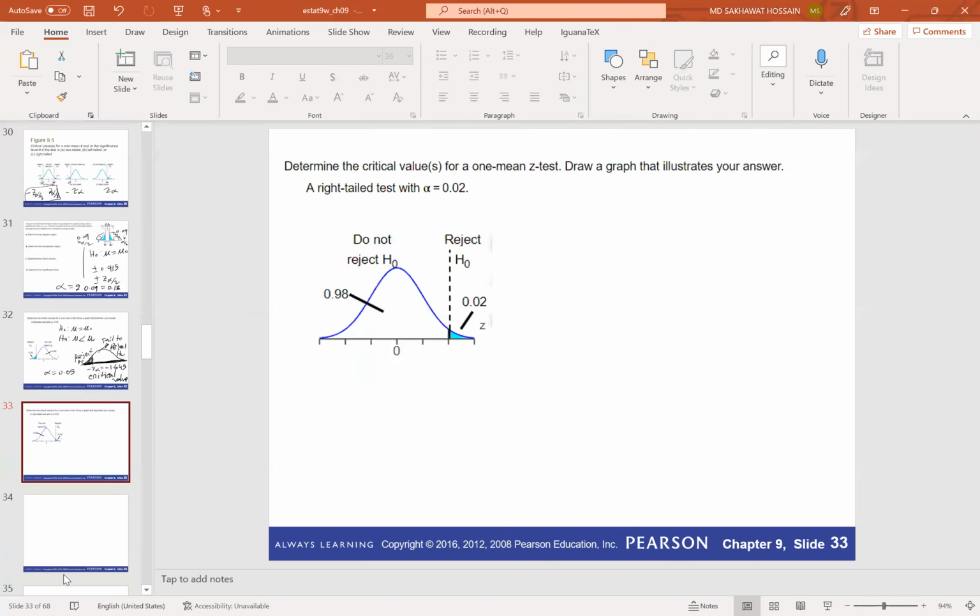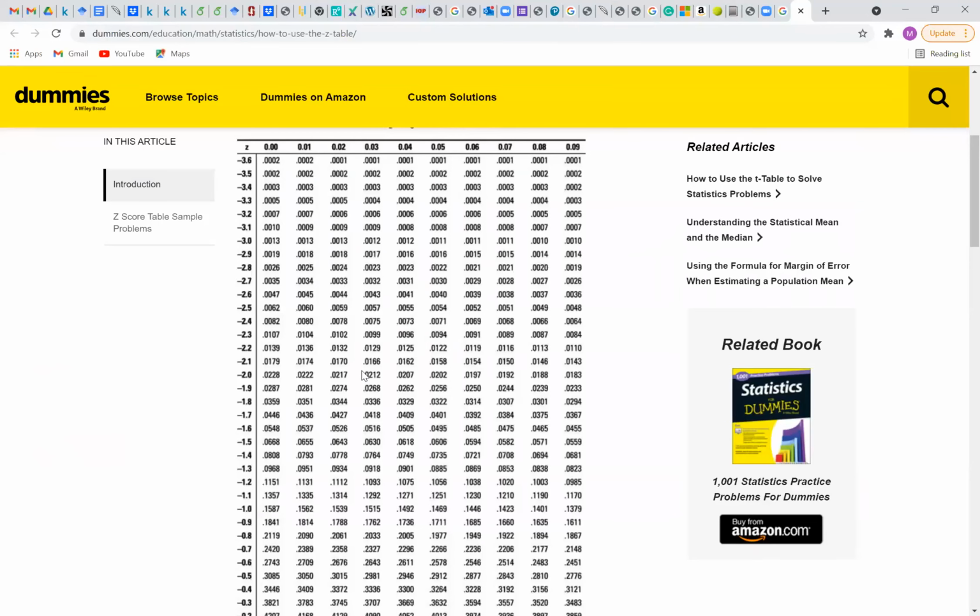And similarly for the right tail test, here the alpha is 0.02. So we need to find the critical value. The critical value is z alpha. Then we need to look at the z table. So here is the z table. So 0.02, where is 0.02? This is 0.01, 0.019197.